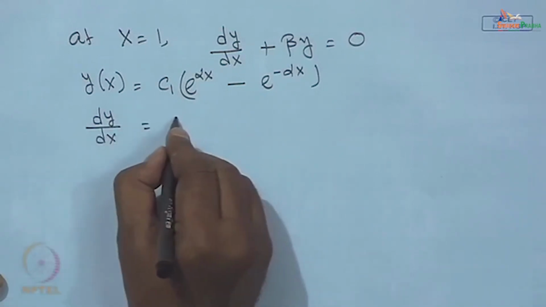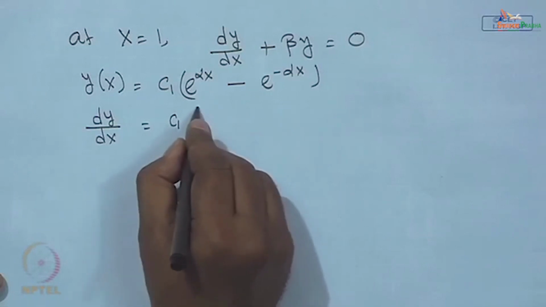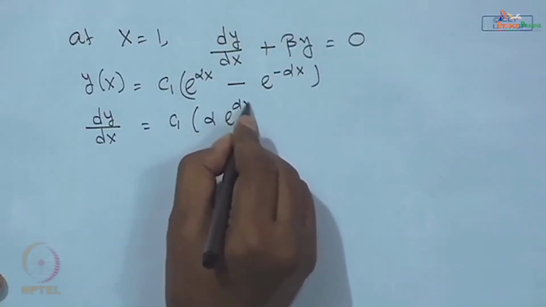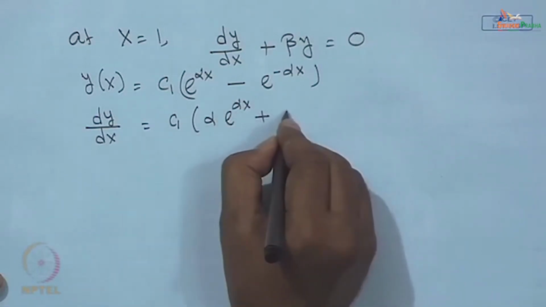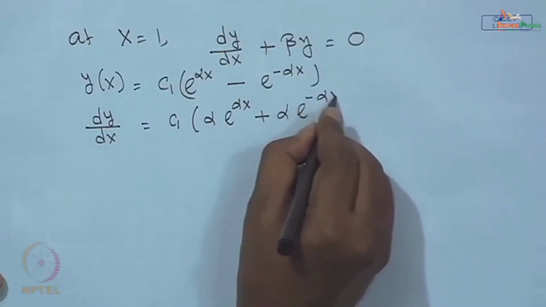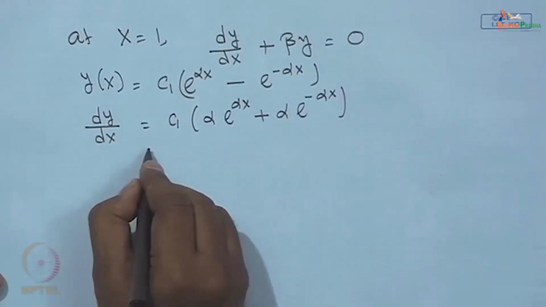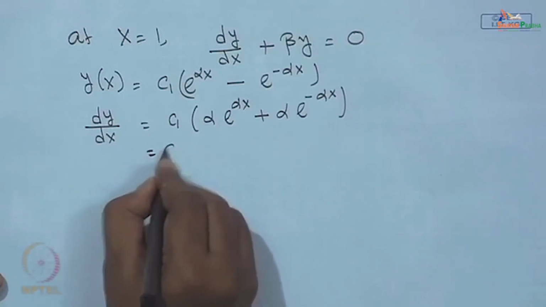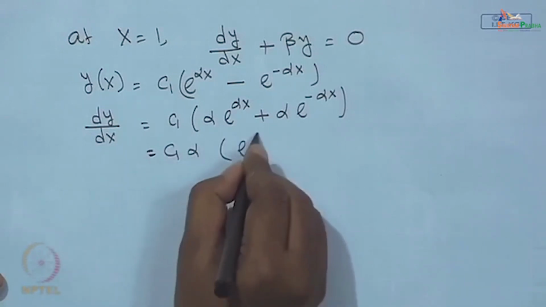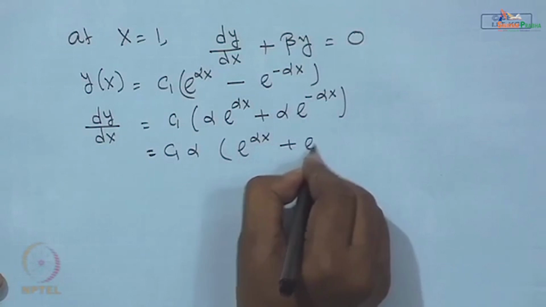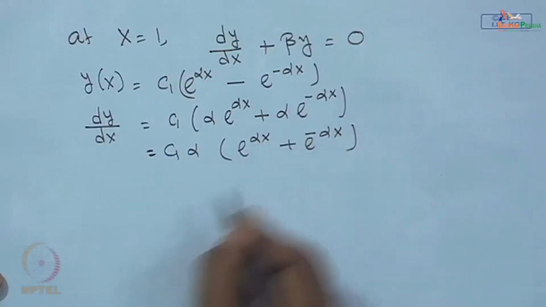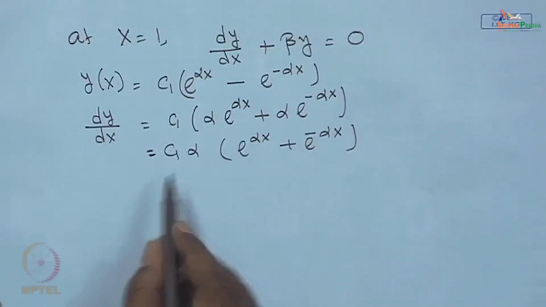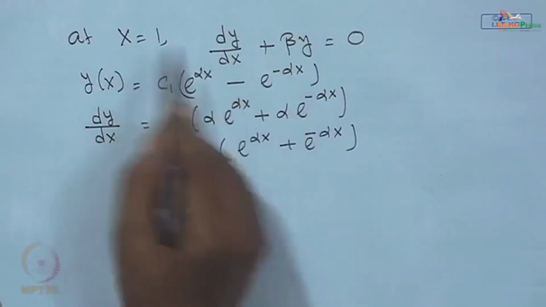dy dx is C1 alpha e to the power alpha x plus alpha e to the power minus alpha x. So, we can take alpha common. So, C1 alpha times e to the power alpha x plus e to the power minus alpha x. Now, we put the boundary condition at x is equal to 1.